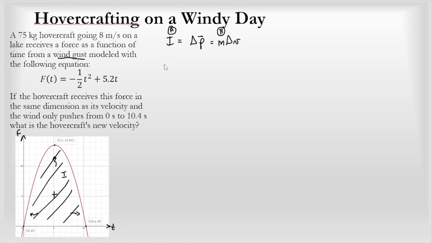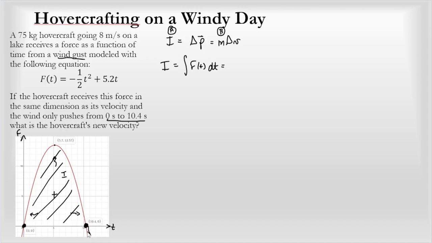So let's find the impulse with an integral. We need to do an integral right here, right? We're going to integrate the force as a function of time, dt, and we need our endpoints, t final and t initial. Well, they give us t final and t initial. Notice that we're starting here and here. So that's the practical domain for this wind.